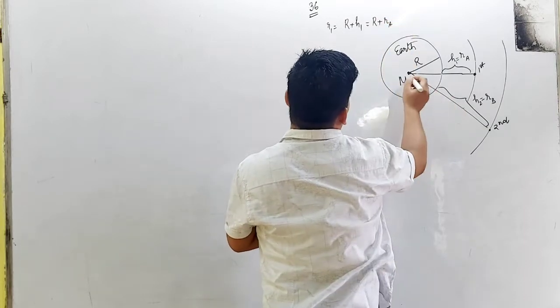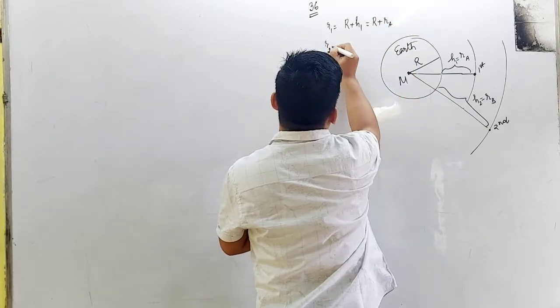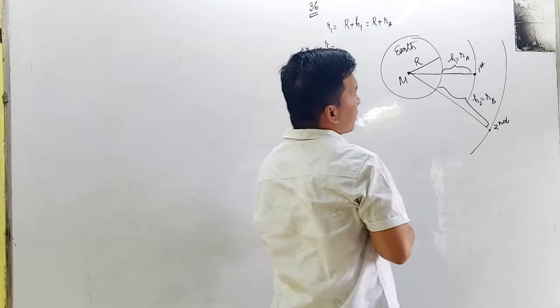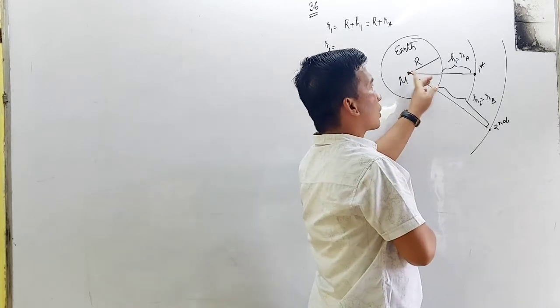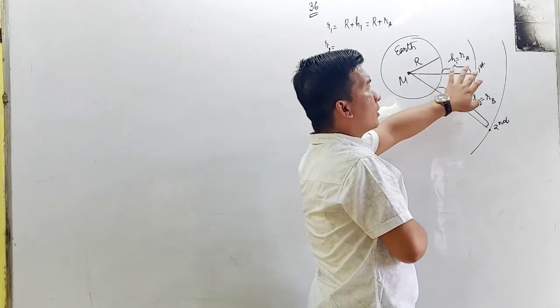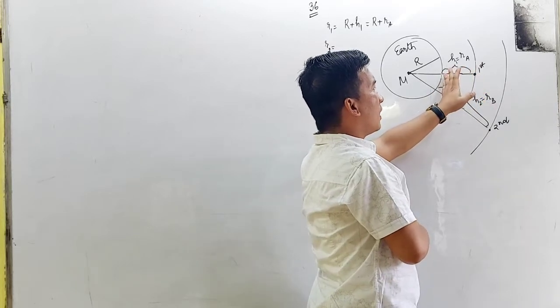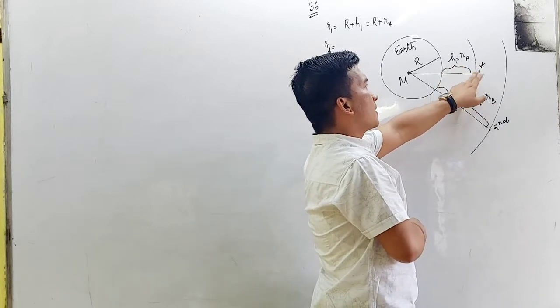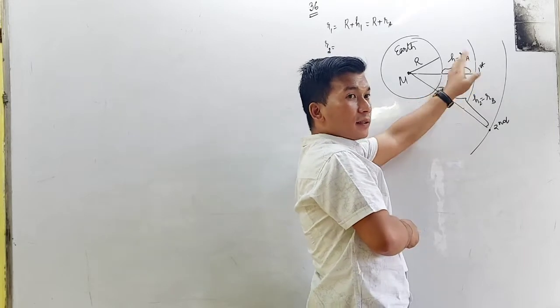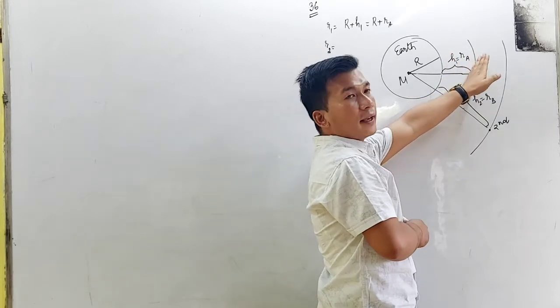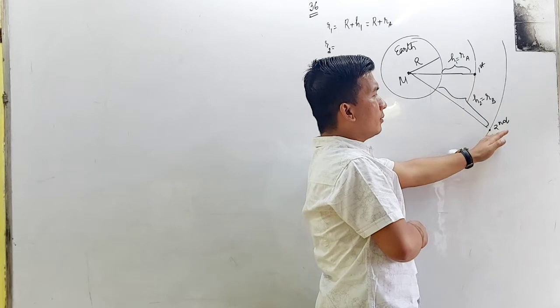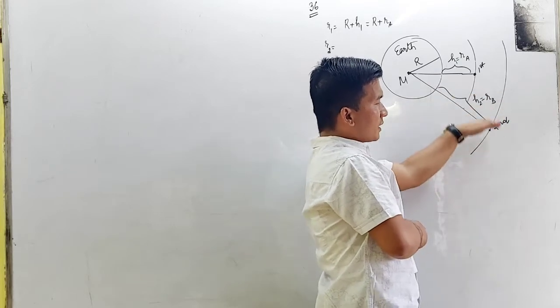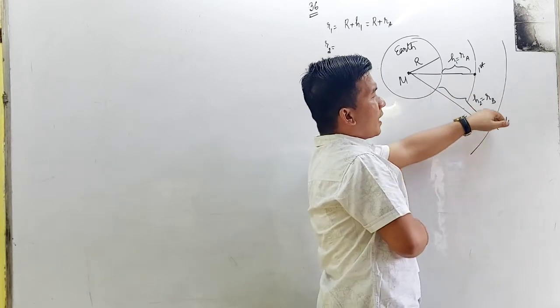And what about R2, the effective distance of the second satellite from the core? The first satellite is at a height RA from the surface of the Earth, and the second satellite is at a height RB.